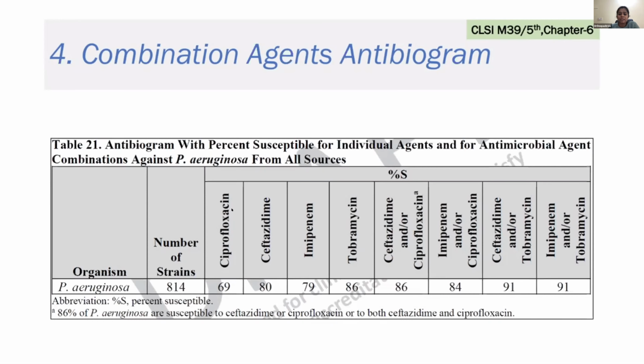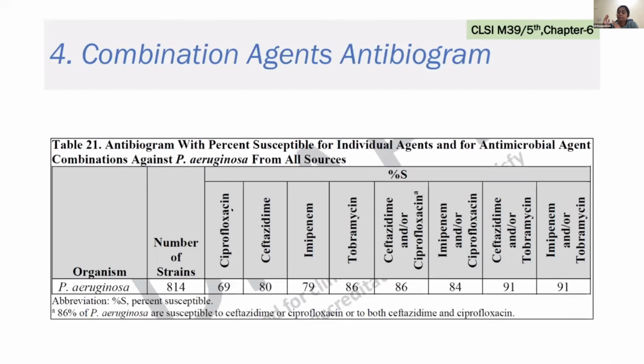There are a few examples in this table: ceftazidime ciprofloxacin, imipenem ciprofloxacin, ceftazidime tobramycin, as such. You can see the table here, that is the last four columns. In an antibiogram you can also generate the antibiogram based on combination agents.